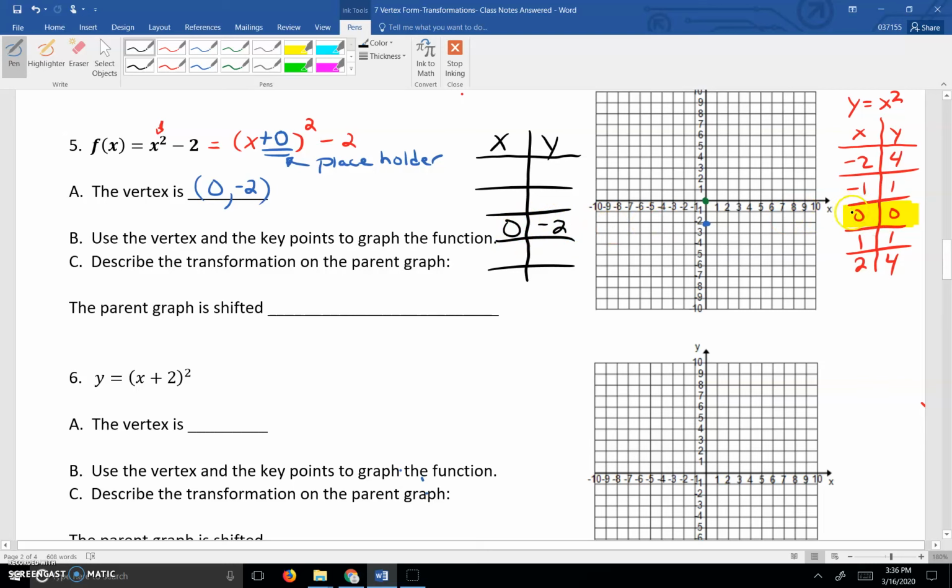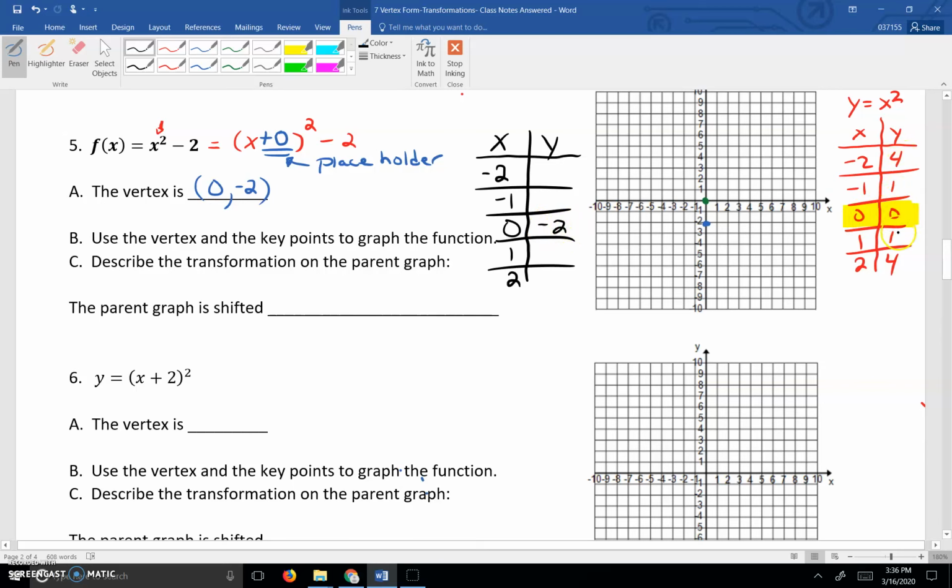So the x value didn't change. So for my new function, none of my x values are going to change. So I can bring those over the way they are. Negative 2, negative 1, 1, and 2. My y value changed. It went from 0 to negative 2. So 0 to negative 2, you subtract 2.